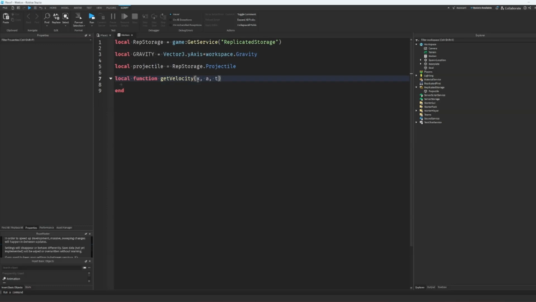Although it is bad practice to have single letter variables, when we write out the equation, it is 10 times easier to read with just letters for variables. So we can just copy this directly. We can do x minus 1/2 times acceleration times time squared, and then all over t.